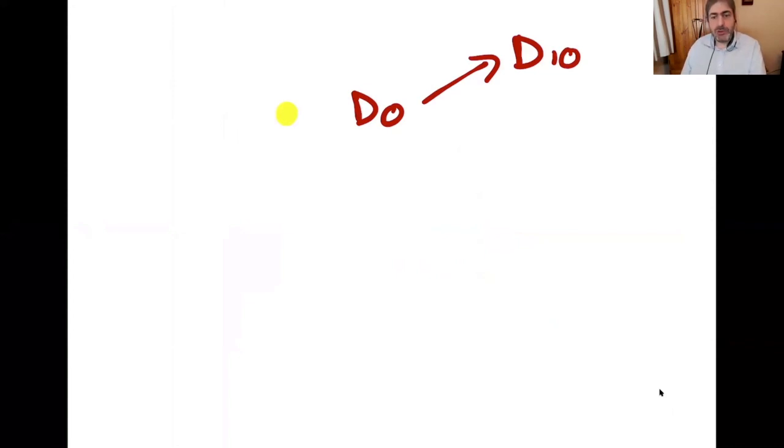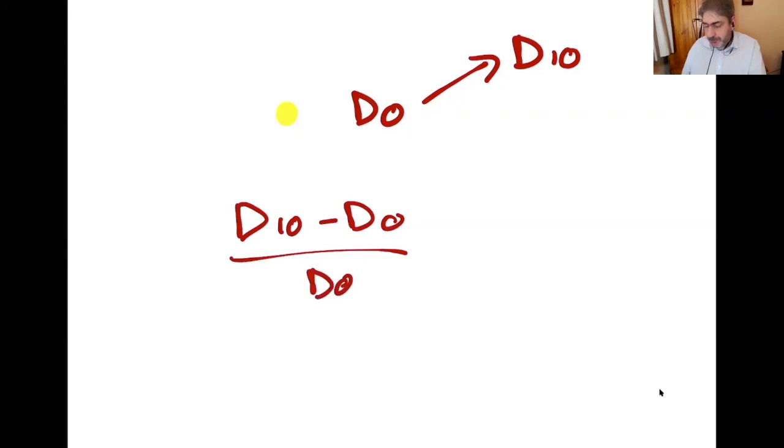What do you do? D10 minus D0 divided by D0. Okay, we all agree with this. This is the return. This is the total growth of the dividend. Does it make sense? Can I get a yes or no?